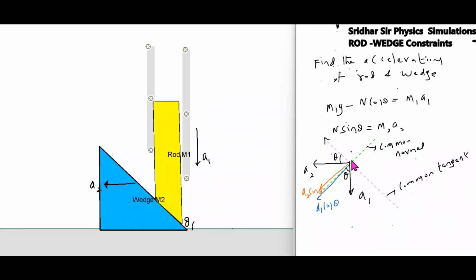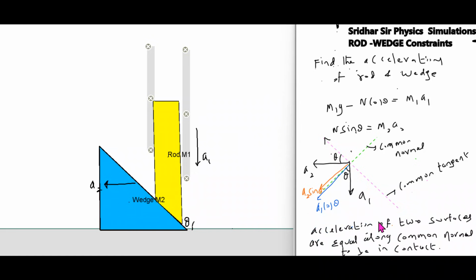Along the common normal, the acceleration must be equal. Any reason for that? There's a wedge constraint. The acceleration along the common normal will be equal if the two objects are in contact. For the rod and the wedge to be in contact, their acceleration along the common normal should be equal.